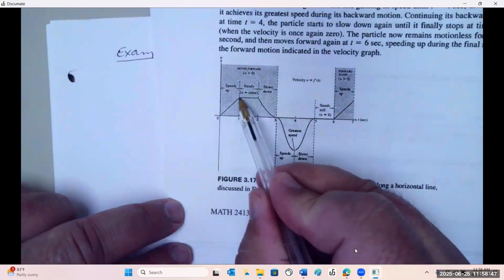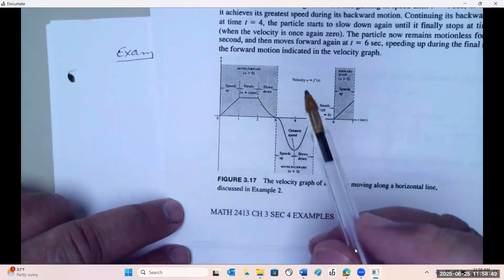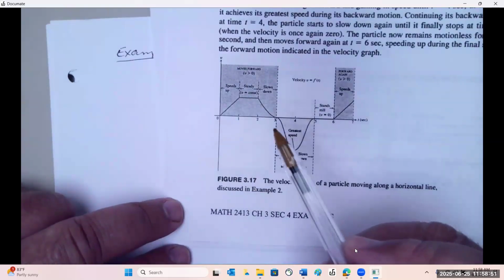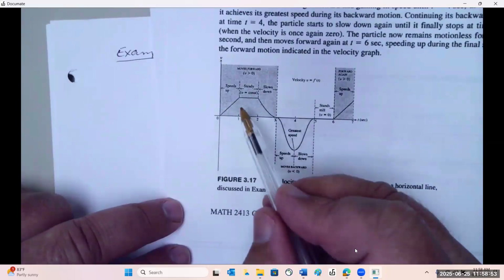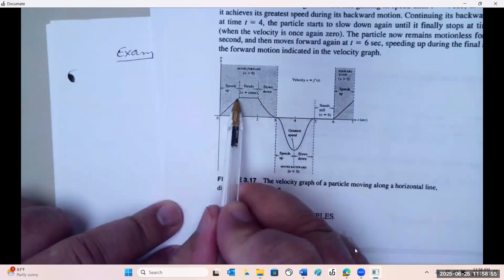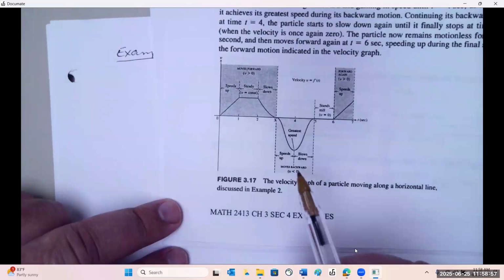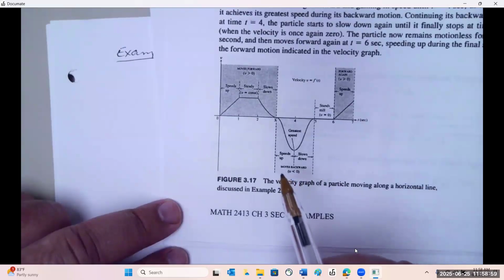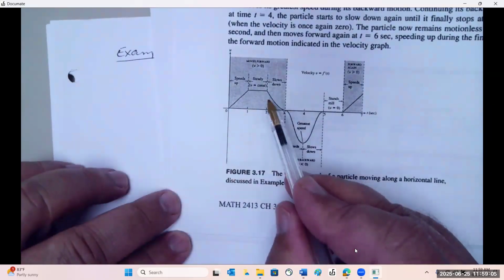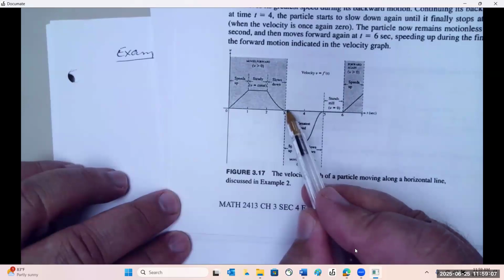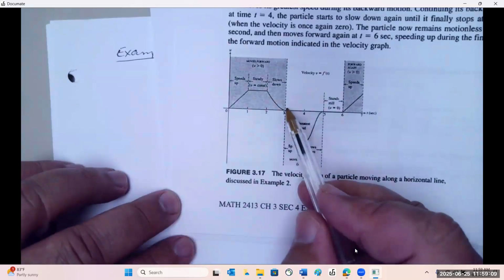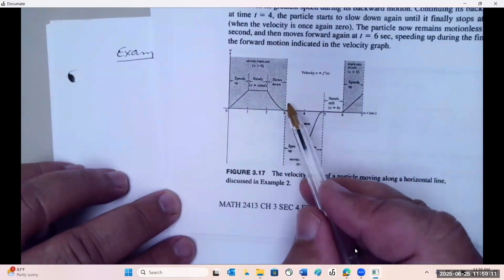So if it's going up, what does that tell me is happening? So the velocity is positive. What happens if it's horizontal? Velocity is constant. So you are increasing and then you're coasting at that speed. What about if it's going down? You're decelerating. So your velocity is now negative. It's slowing down.